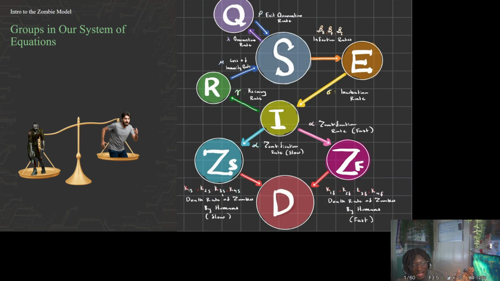But let's say K1S through K4S, for the slow zombies. What that's saying is the K1S constant has a higher chance. It gives the zombies or the humans, the healthiest humans.